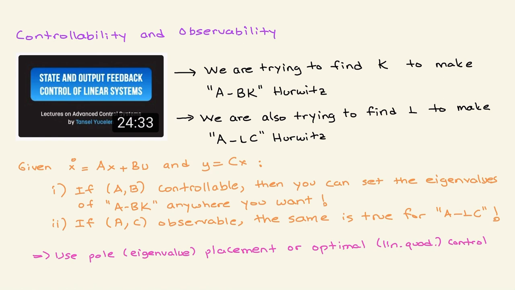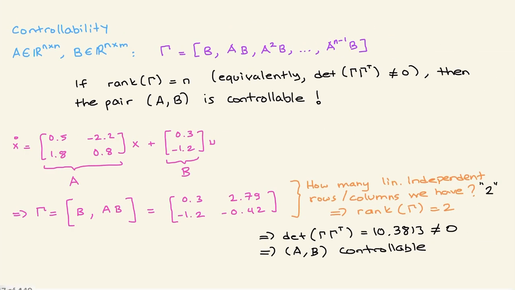So let's look at the formal way we can ensure a system is controllable or observable. Given two matrices A and B, n by n and n by m, let's look at the controllability matrix. Basically, you form this controllability matrix, where the system order is n.